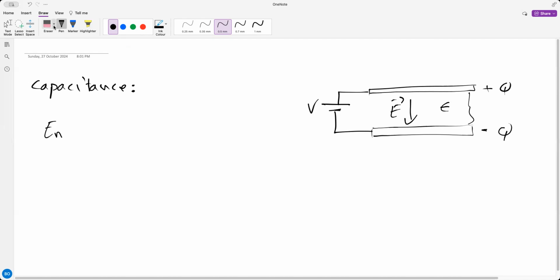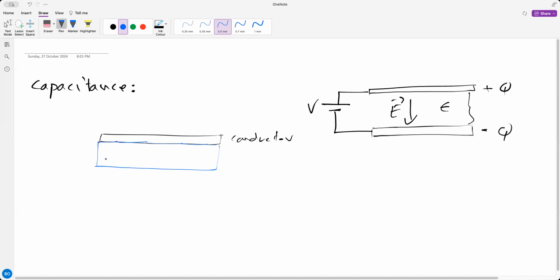Let me ask you a question. This is a capacitor. This is a conductor, this is a conductor, and this is a dielectric that has epsilon. What are the boundary conditions here?